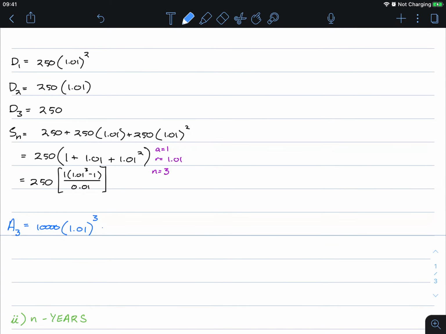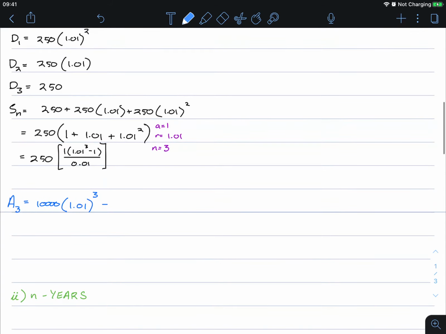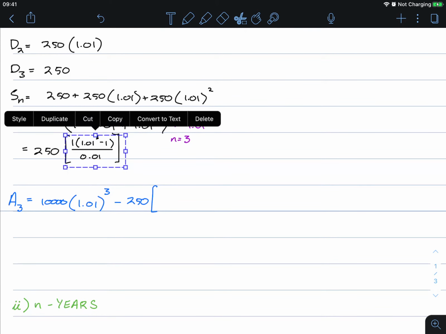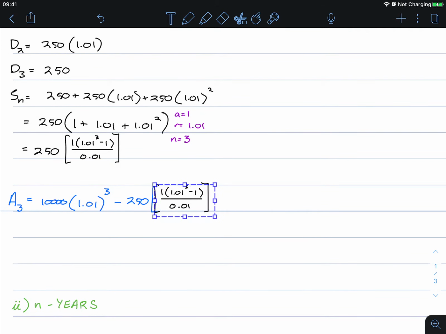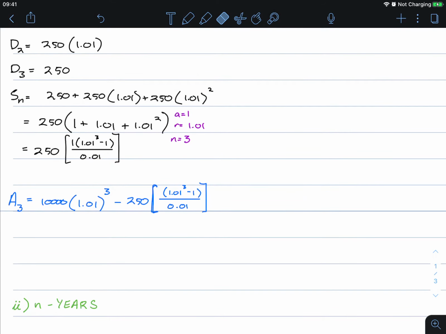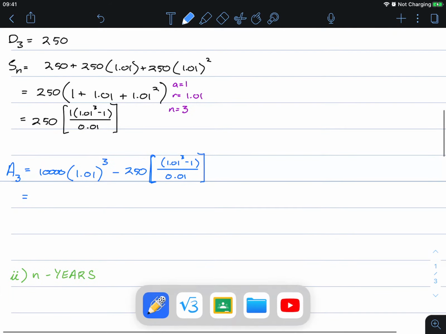For this, it's going to be minus the amount of interest this has gained. So 250. I can remove that 1 because it's just 1 times that amount. Let me actually just copy it again to make it easy for myself. Changing it to blue to match. And then this is what we're going to be typing in to our calculators.